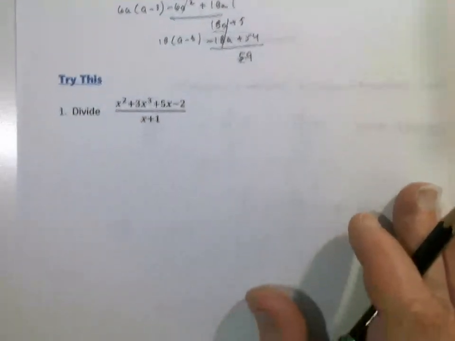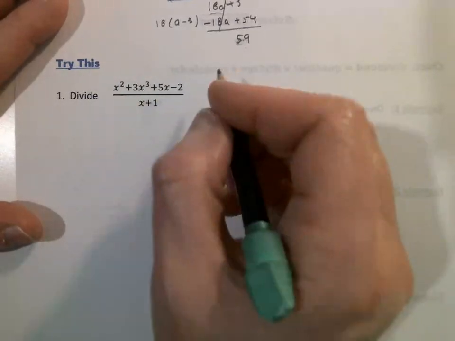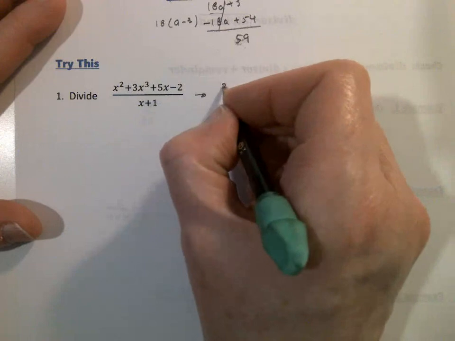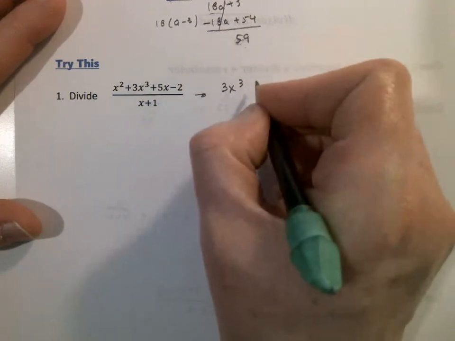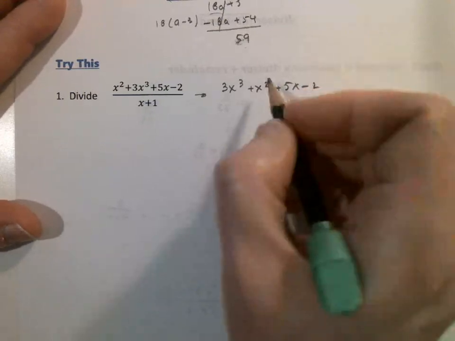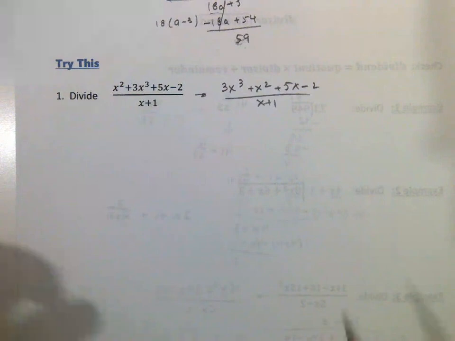All right, so let's look at our try this. Here we have a division. And the first thing I do is make sure it's in descending order. So I have to rearrange it. So I have 3x cubed plus x squared plus 5x minus 2, all divided by x plus 1. Now to factor that and try to see if you can cancel out that x plus 1, it would just be a big mess.